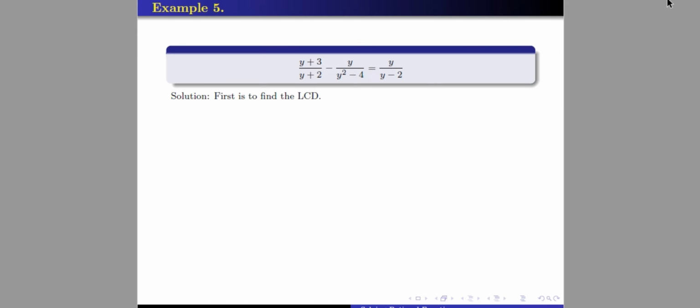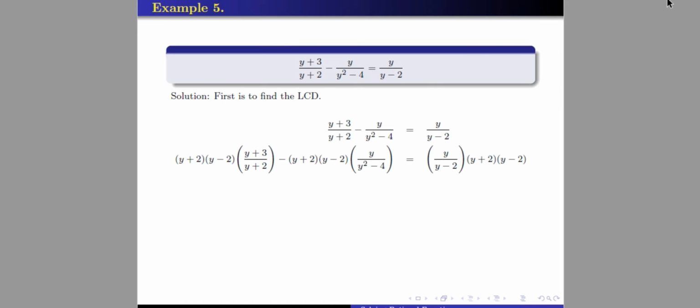So let's distribute this to each term. So after distributing, we can cancel y plus 2 and y plus 2, so we are left with y minus 2 times y plus 3. Next, okay, we can cancel everything. They are equal, so minus y. And on the right hand side, we can cancel y minus 2, so we're left with y times y plus 2.